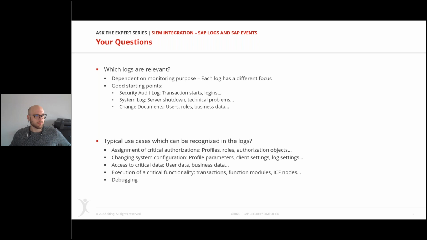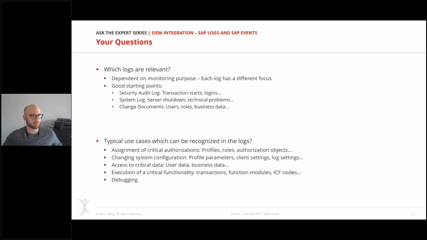So let's start with the first type of question. A lot of questions were like, which logs are relevant? Which logs should we integrate into our SIEM system? Which logs are there in a SAP system? And to be honest, I don't have a specific answer.